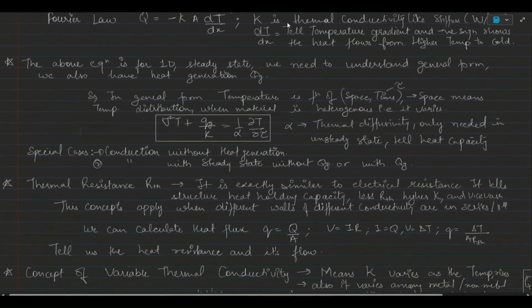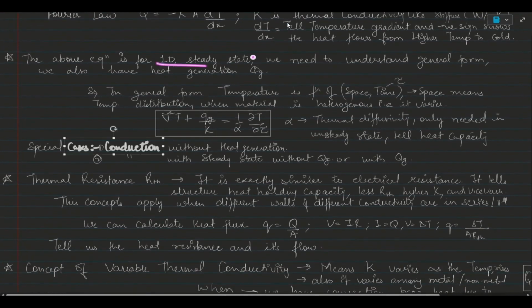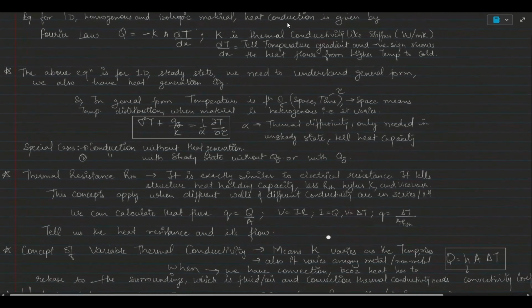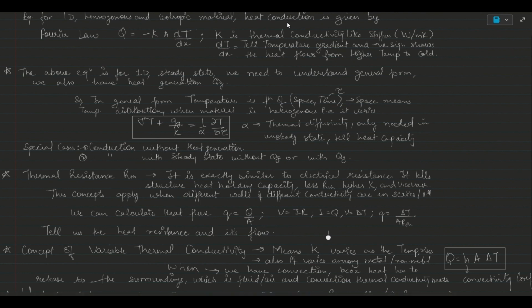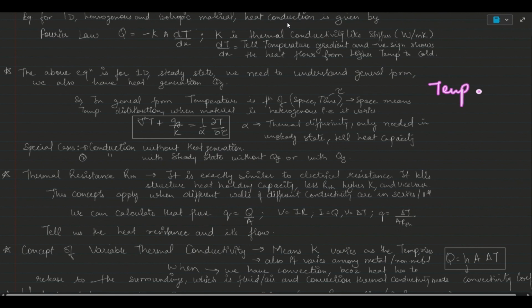Now, you might say, Karan, okay, why shouldn't we go a bit deeper into it? So in general, we don't have a 1D state. We always see a highly irregular 3D state in front of us, correct? So for that, we have to deal with the 3D condition. In that case, the temperature will be a function of space and time.